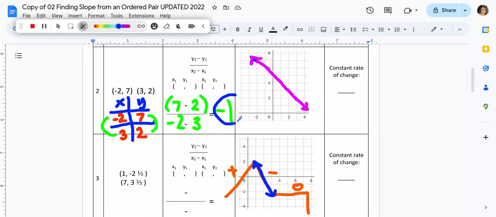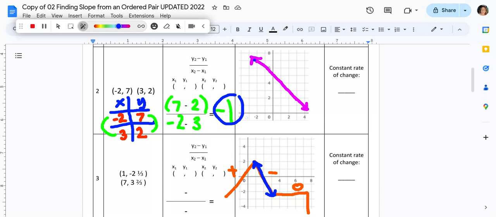Look at my answer. My answer is indeed a negative number. So that is something to check yourself when you're plotting the points and drawing your line. If this shows a negative slope, then this number here has to be a negative number.